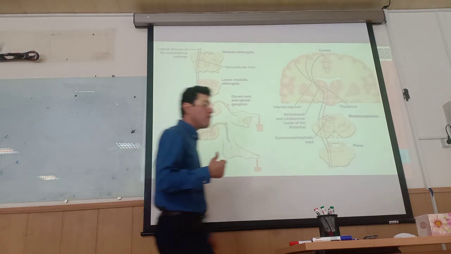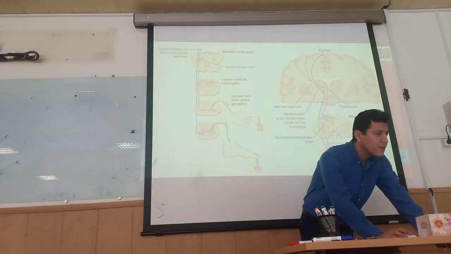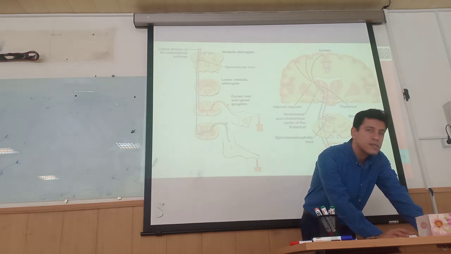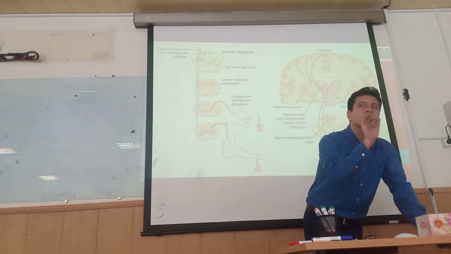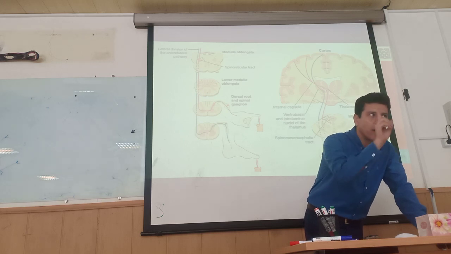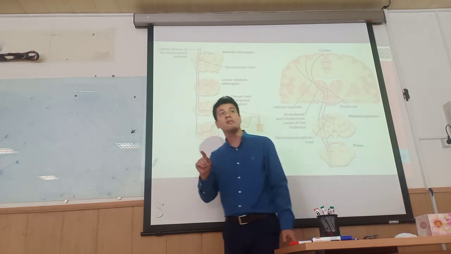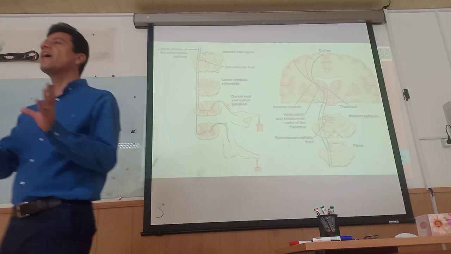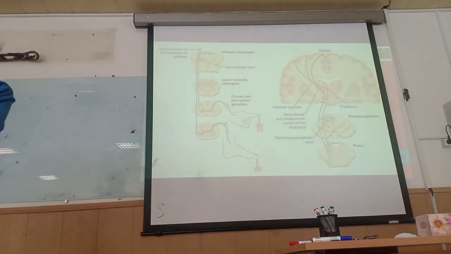Right? So from here, ventral posterior nucleus of the thalamus, we have some fibers that go to the cortex. Again, somatosensory area 1. So we have some similarities between these two tracts and some differences.